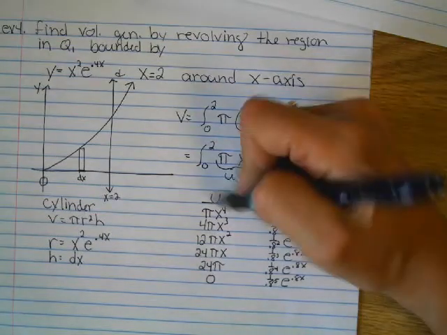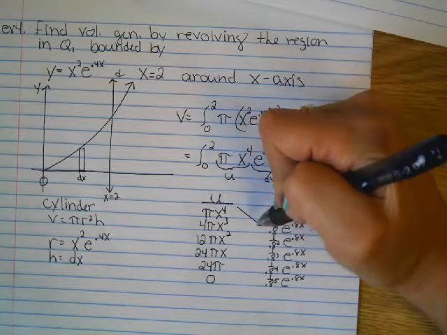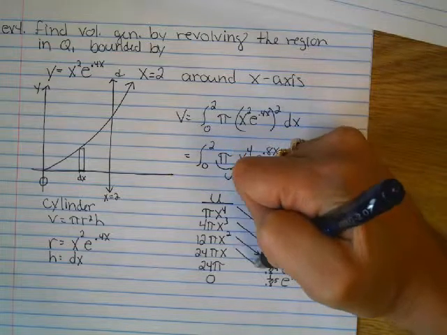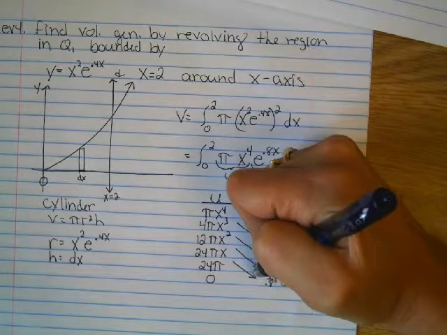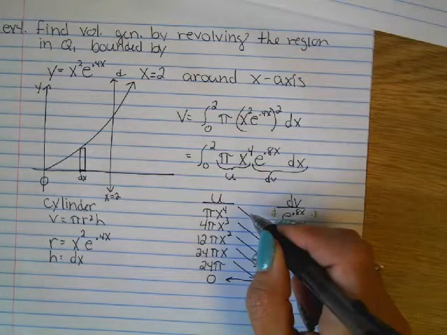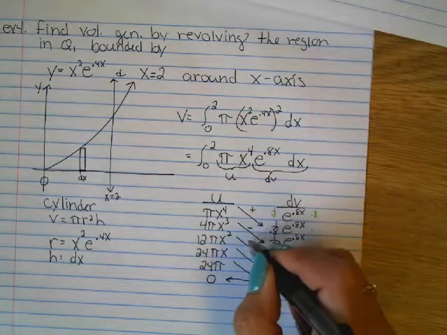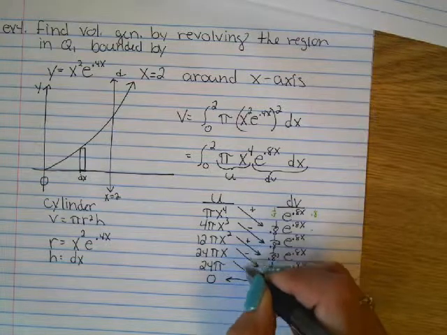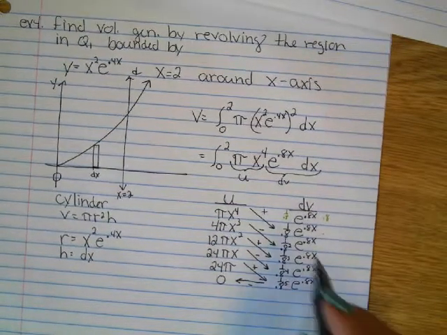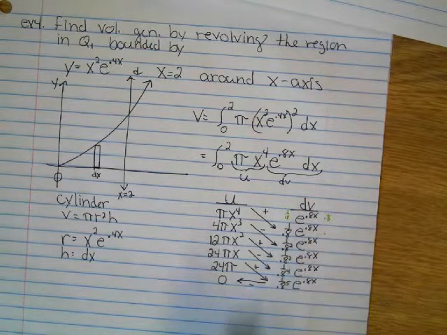So, this will be 1, 2, 3, 4, 5. That's going to be a 0. So we got plus, minus, plus, minus, plus. So this gets to be a lot of writing.